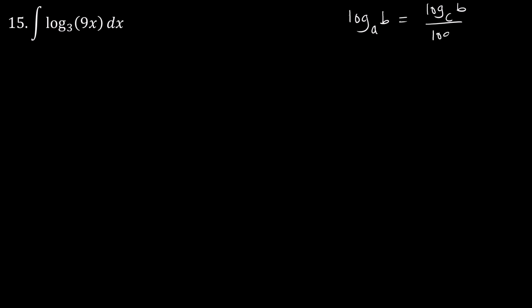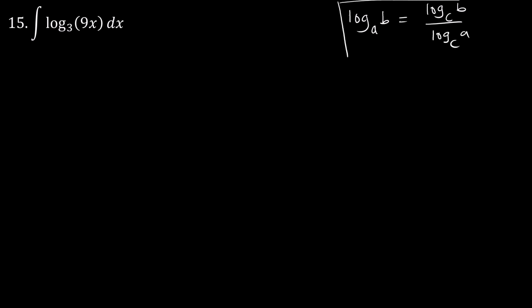Problem number 15, which is the indefinite integral of log to the base 3 of 9x. So we want to do a few things. If we have log to the base a of b, that's the same as log to the base c of b over log to the base c of a.